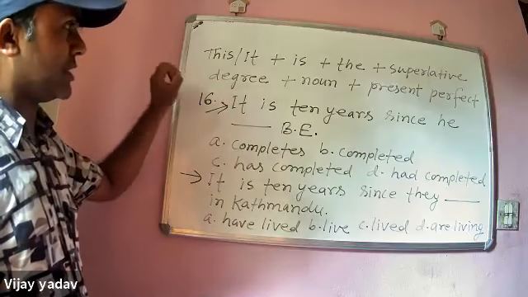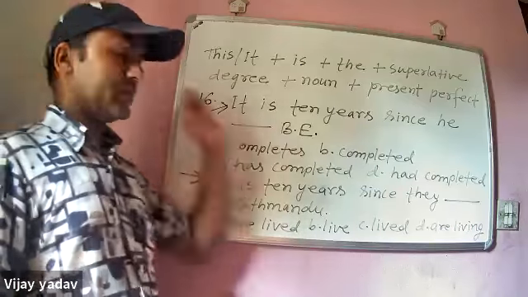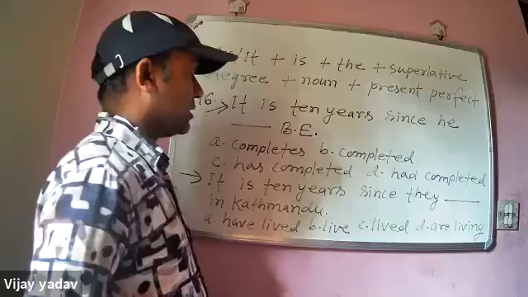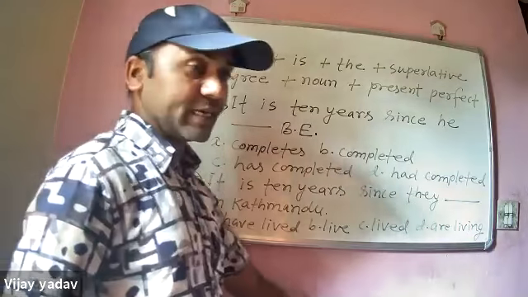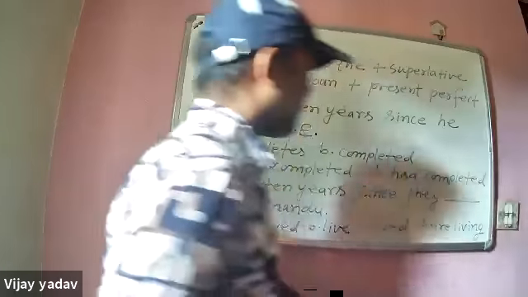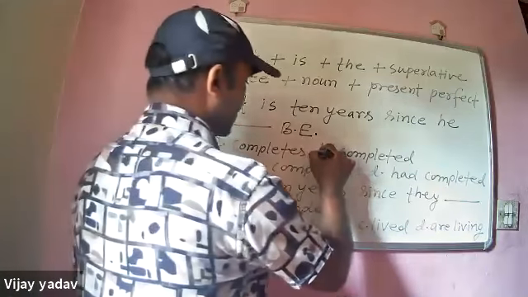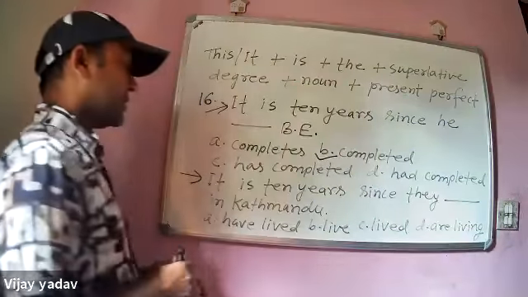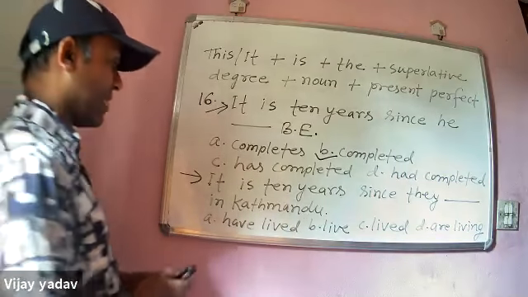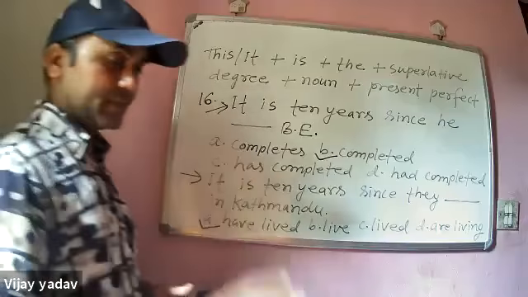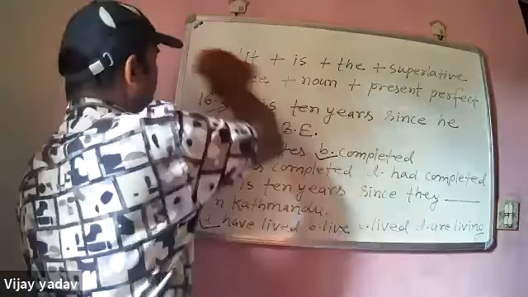It is 10 years since he, since he completed. Yes, completed. And it is 10 years since they have lived in Kathmandu. Isn't it? Let me write the structure. Then you will understand.